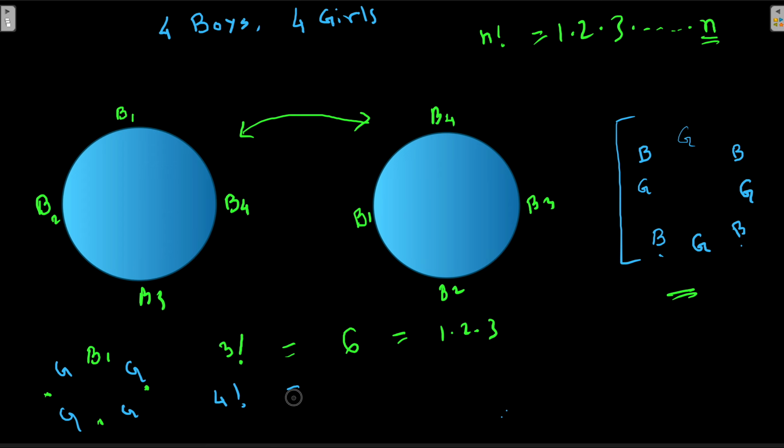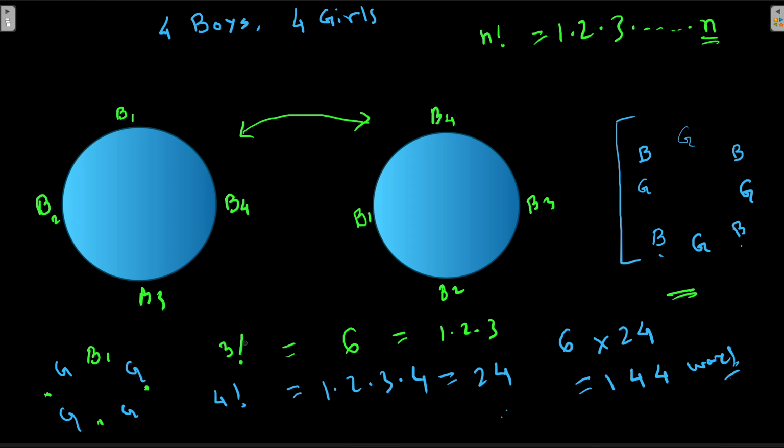So it is factorial 4, which is 1 into 2 into 3 into 4, which is 24. This is true for each of the 6 arrangements of the boys, so for each of these 6 arrangements there are 24 arrangements among the girls.